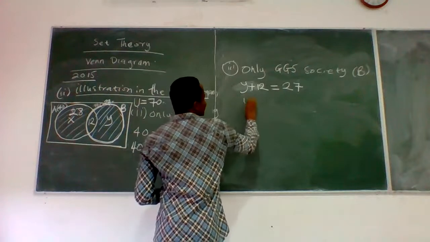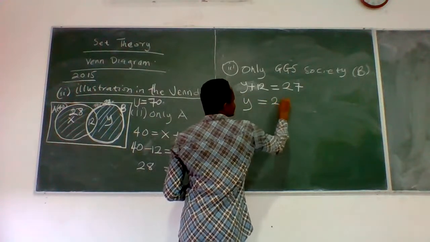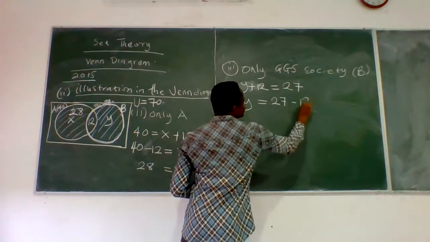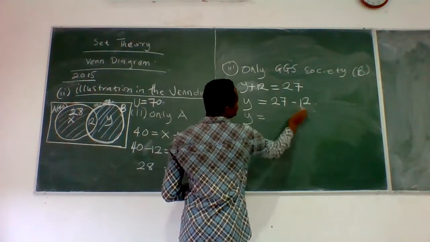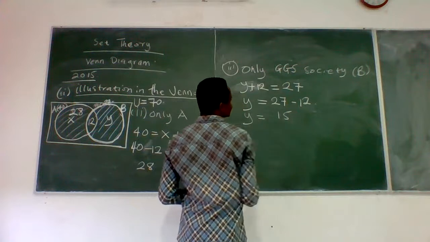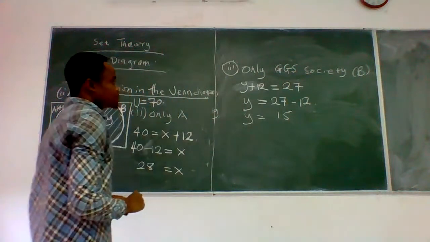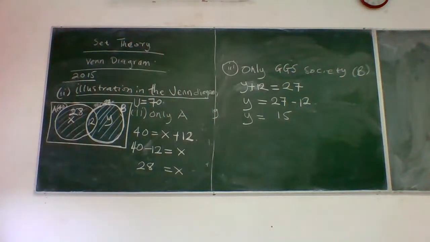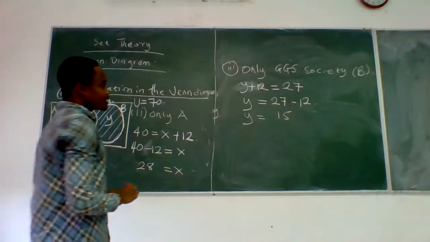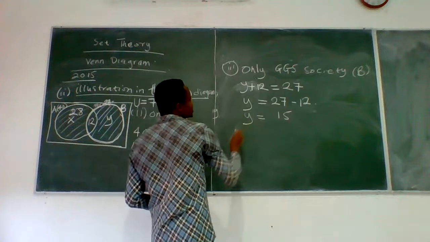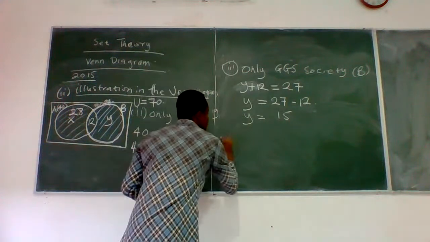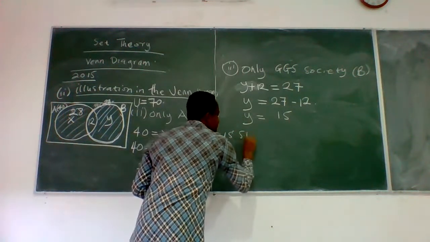Now Y equals 27 minus 12. Our Y is equal to 15 students. So we have 15 students belonging to only GGS.